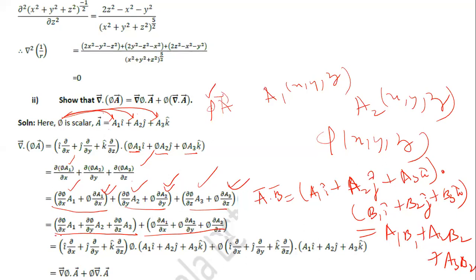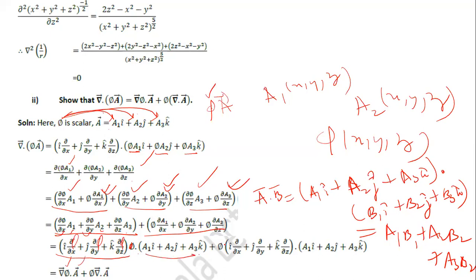So if you have this term and this term, you can see that this is actually del phi upon del x, del phi upon del y, del phi upon del z, dot product with this. This term is your gradient of phi, and this is your vector a.